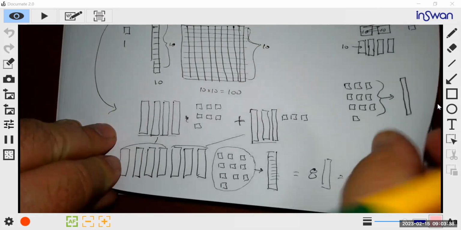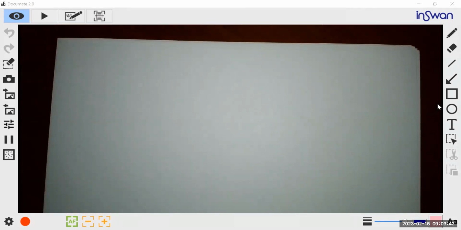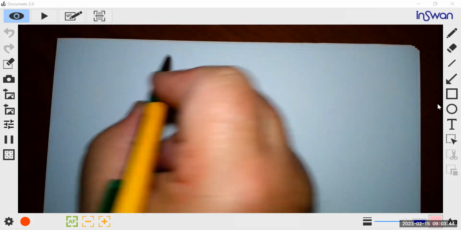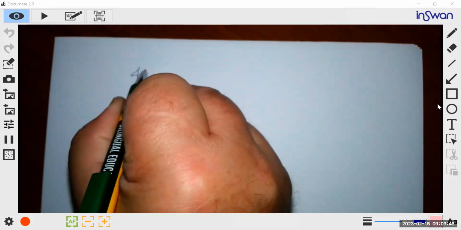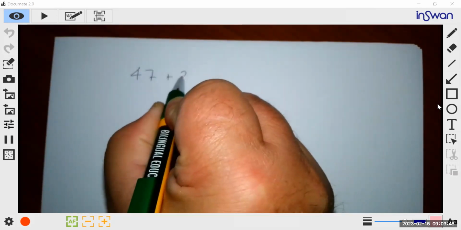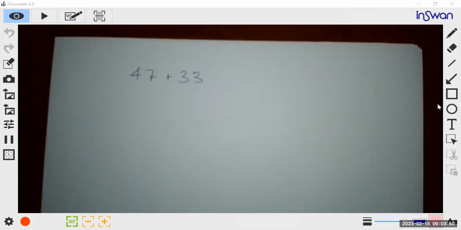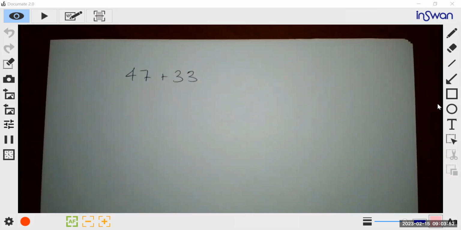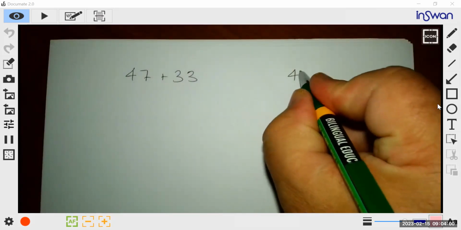Another method that we can use to teach kids is by breaking down these numbers.